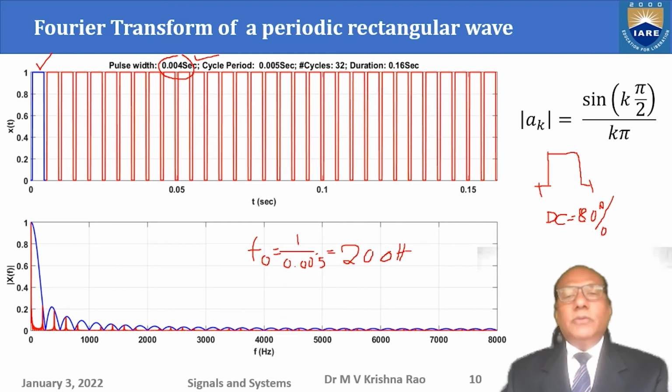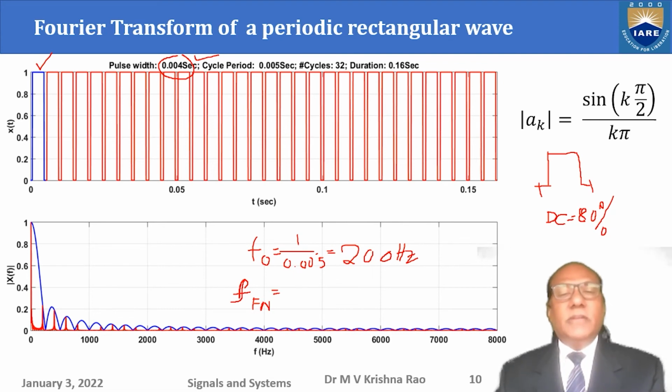And what about the frequency at first null? If I take between 0 and the first null, it is called bandwidth. If I take a single value at the first null, I call that the frequency at first null.